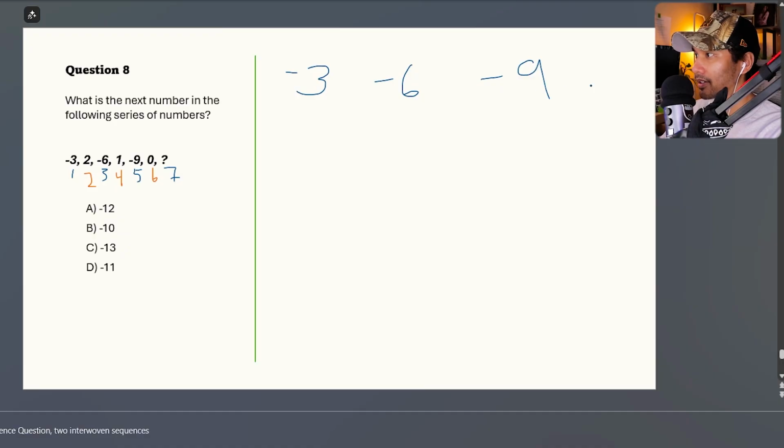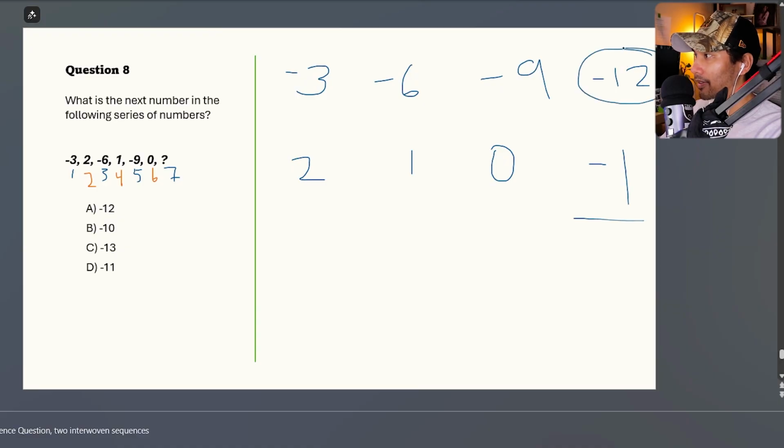-3, -6, -9. The next number would be -12. Okay. And then we see the even numbers, 2, 1, 0. They're decreasing by 1. And then the next number in the sequence would be -1.